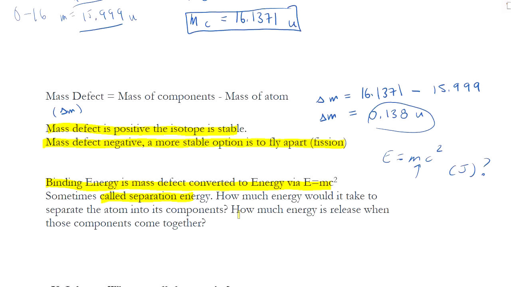Another way of thinking about it is how much energy is released when those components come together. The only reason matter exists in the form it does is because it's in a lower energy state than it would be otherwise. If it was more stable to be separated into protons and neutrons, the universe wouldn't exist as you know it, because atoms would not form.